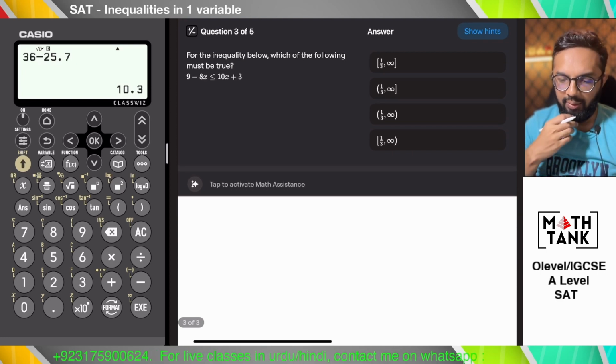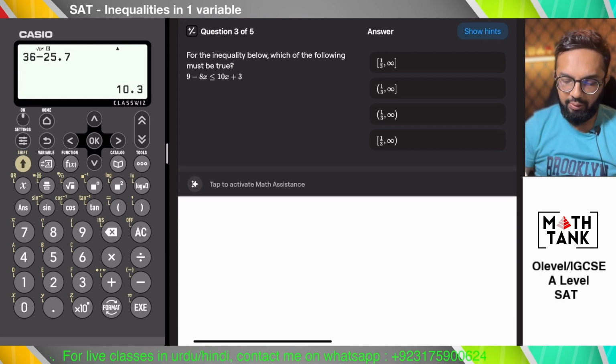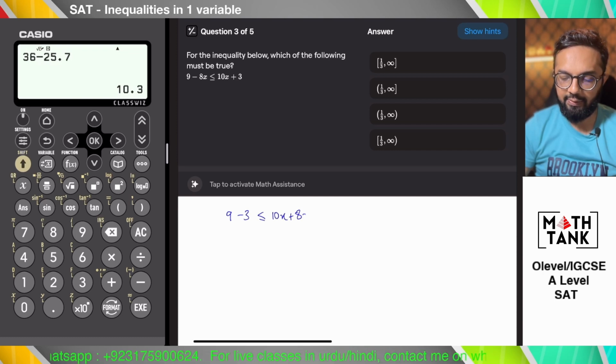For the inequality below, which of the following must be true? So let's shuffle around a little and say that this becomes 10x plus 8x, 6 is less than or equal to 18x. 6 over 18 is less than or equal to x. So x is greater than or equal to 1/3.